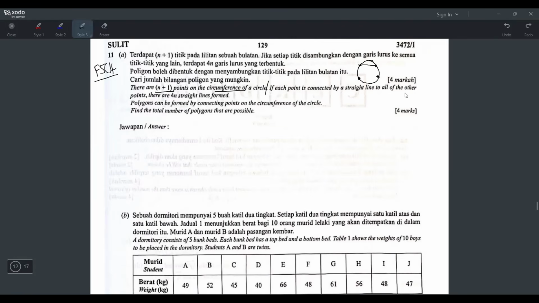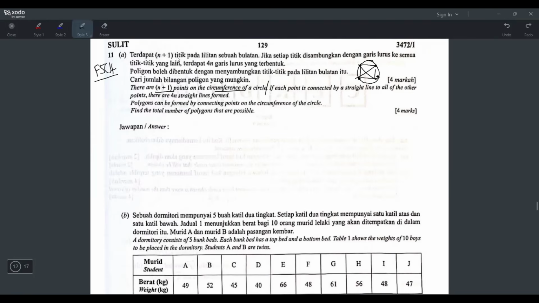To all of the other points. Oh, okay. So it's like you join a straight line like that. There are 4n straight lines formed. So the number of straight lines formed will be 4n. And then polygons can be formed by connecting points on the circumference of the circle. Yeah, I agree, because when you join, you might get a triangle or a quadrilateral. And then find the total number of polygons that are possible.